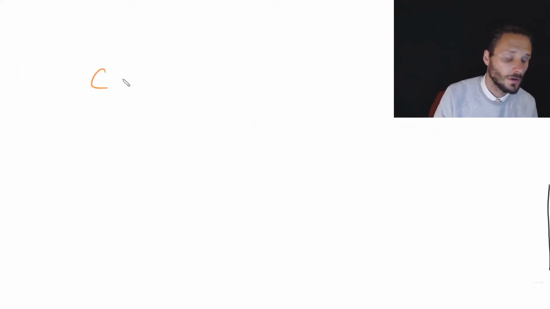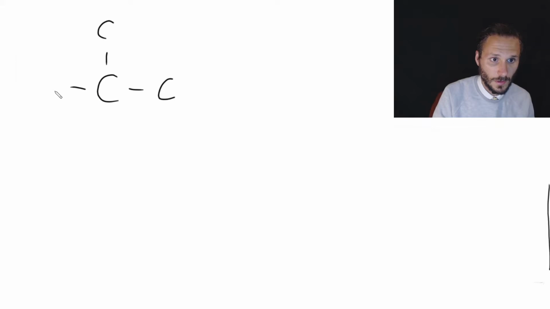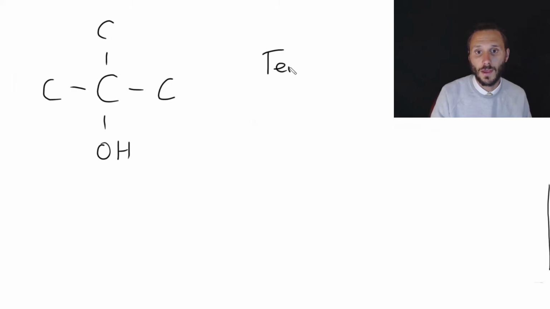So you can go ahead and draw what you think a tertiary alcohol looks like. Okay, so did you get a carbon that's now bonded to 3 carbons but also to an OH group? This would then be called a tertiary alcohol.